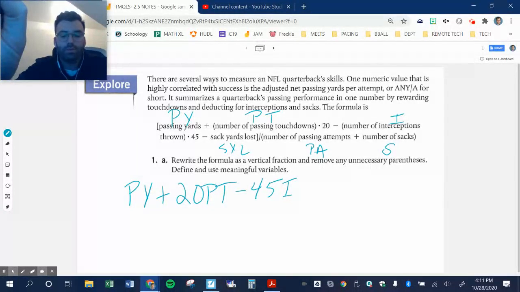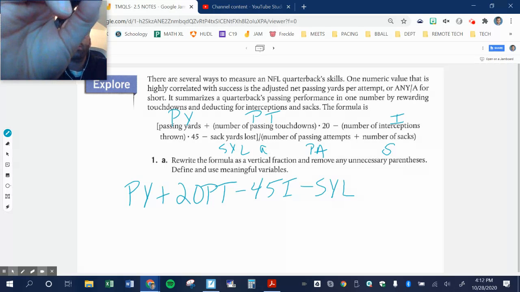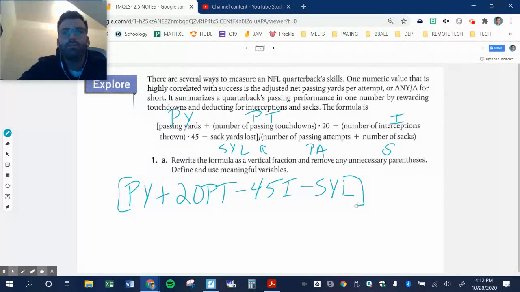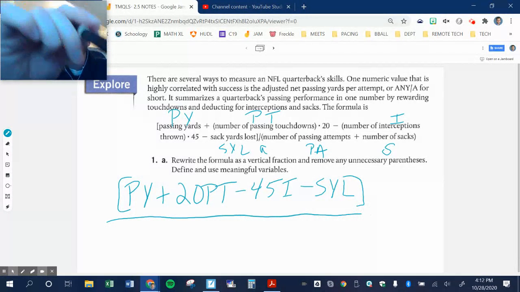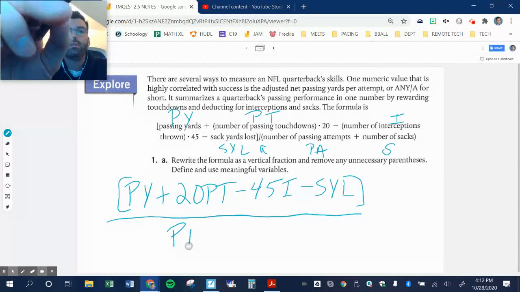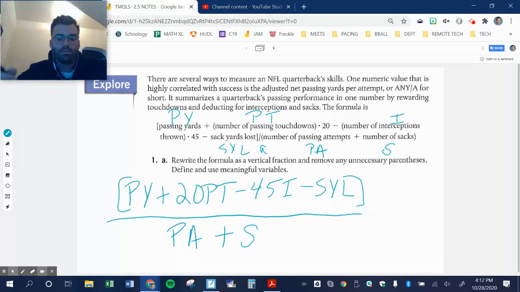And then minus the sack yards lost, so minus SYL. All of that is being divided by the number of passing attempts, so PA, plus the number of sacks. And that's it.